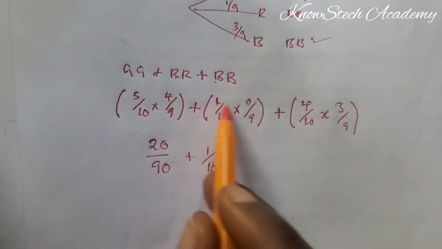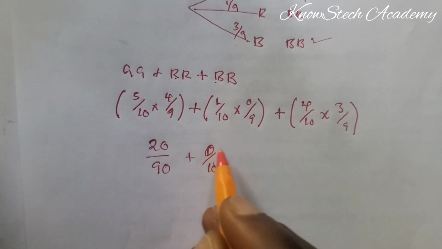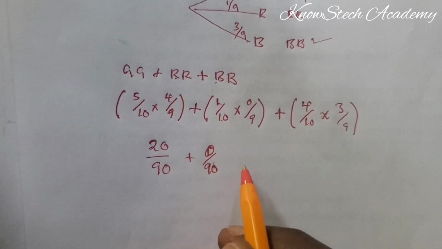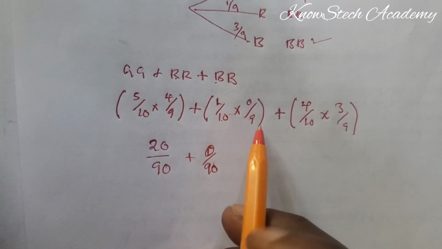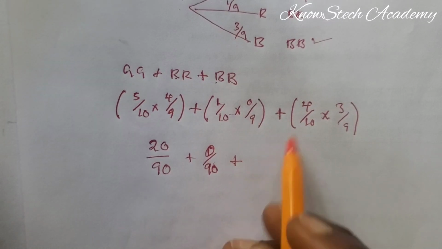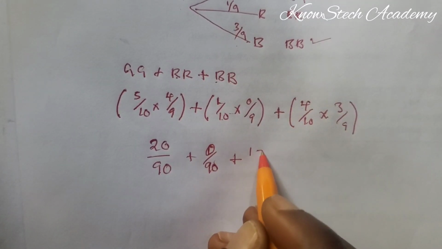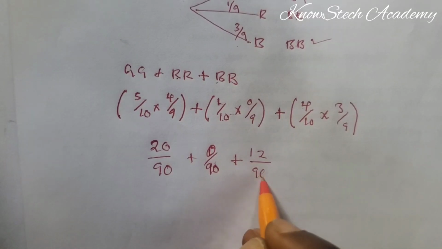When you multiply 1 times 0, it is 0. 10 times 9, it is 90. Check, 0 over 90 is just 0. So in other words, here is the 0, plus 4 times 3, 12, 10 times 9, 90.